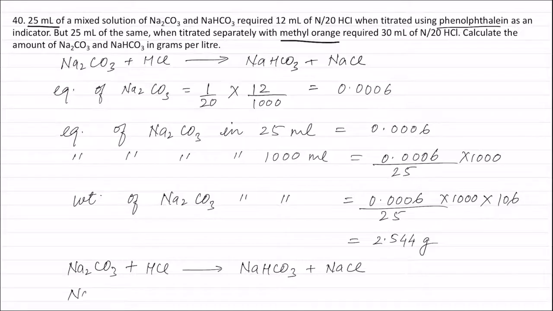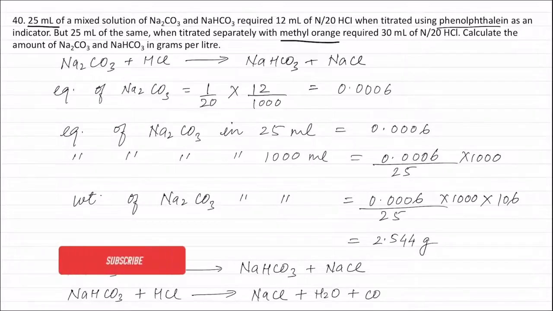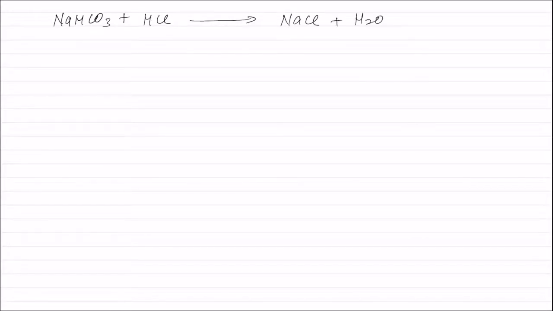This NaHCO3 produced will again react with HCl forming NaCl plus H2O plus CO2. NaHCO3 is also present in the mixture. HCl will also react with NaHCO3 present originally in the mixture, and the reaction will be NaHCO3 plus HCl forming NaCl plus H2O plus CO2.